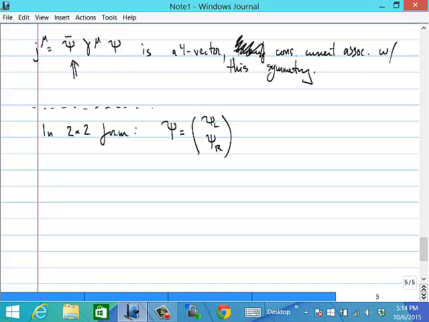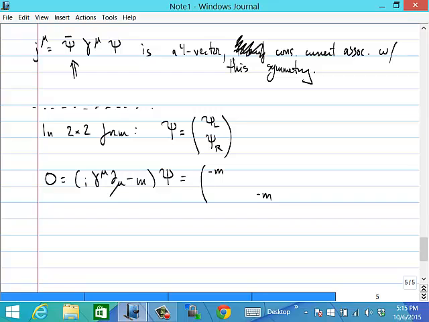I'll give names to those two-component spinors. I'll call them psi left and psi right, denoted with subscripts L and R. And then the Dirac equation was i gamma^mu d_mu minus m acting on psi. Let me write that out as a 2x2 matrix. We get minus m's on the diagonal.